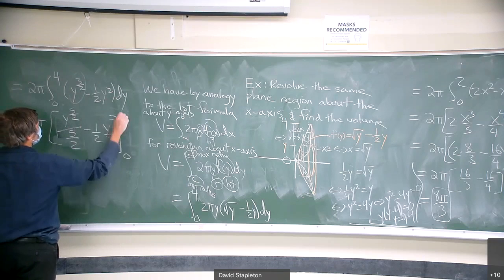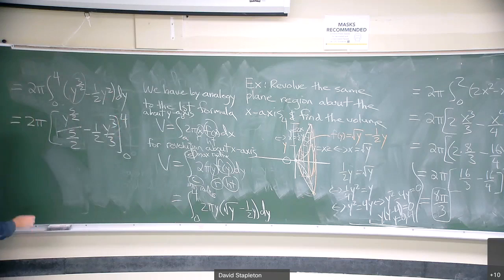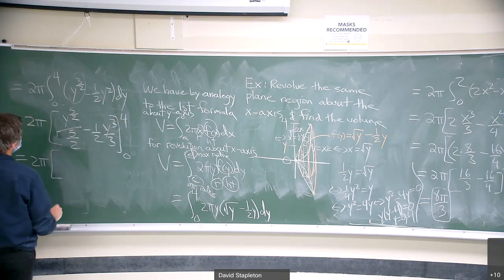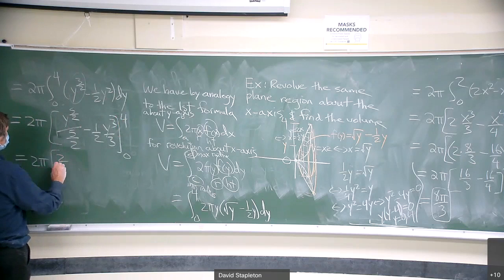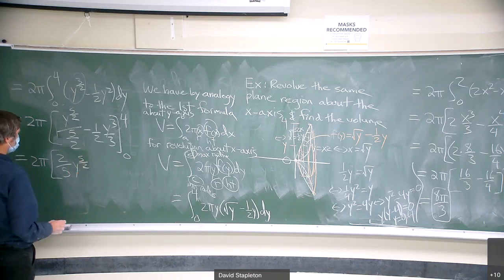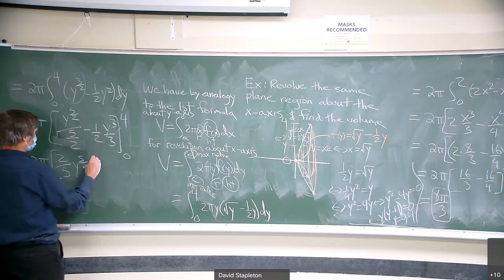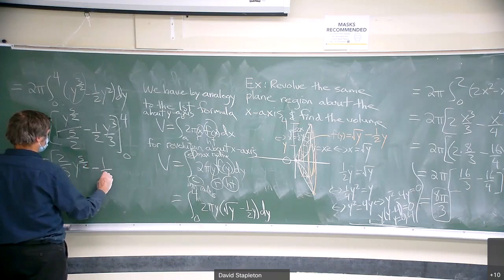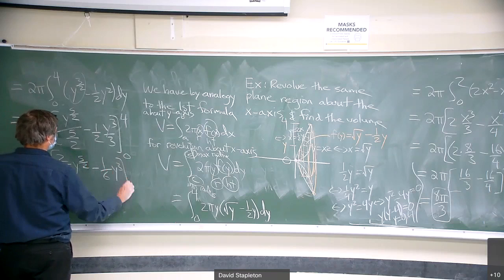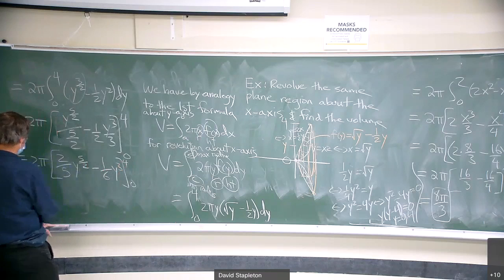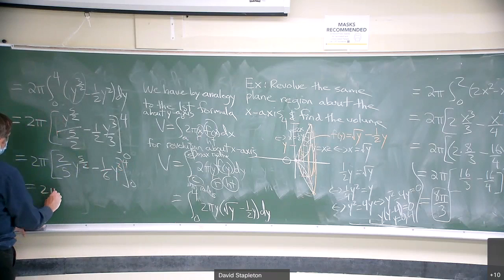I need to plug in 0 and 4 and take the difference. Well, let's see. Maybe I should do one more step and call this 2/5 y to the 5/2, and this one could be called 1/6 y cubed. I'll plug in 0 and 4. That'll make it a little easier.